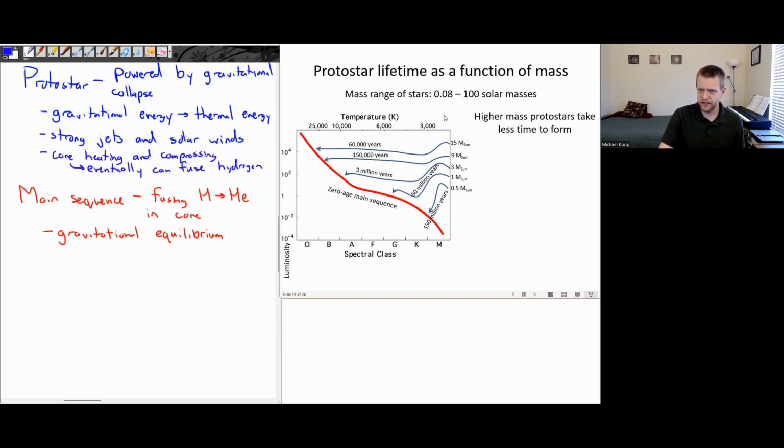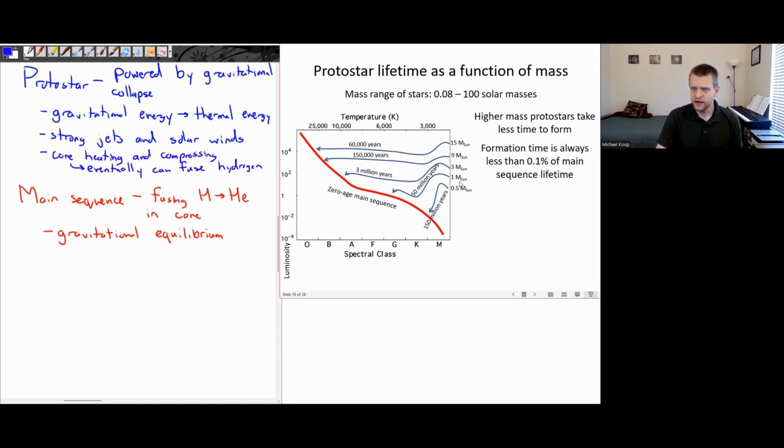And depending on the mass of the protostar, it can vary quite dramatically in how long it takes these protostars to form. Low mass protostars can take millions of years to form. High mass protostars can take only a few tens of thousands of years to form. And these formation lifetimes are always less than about 0.1% of the main sequence lifetime.